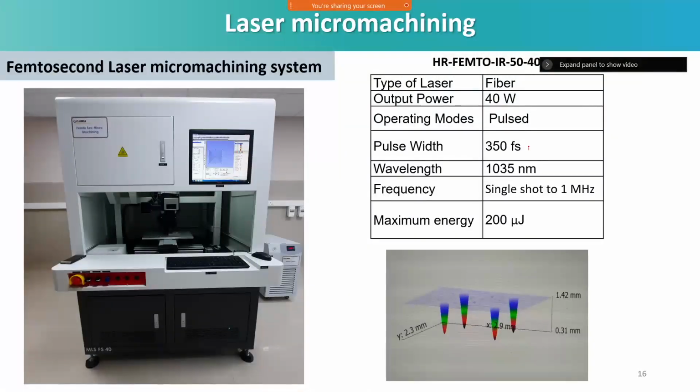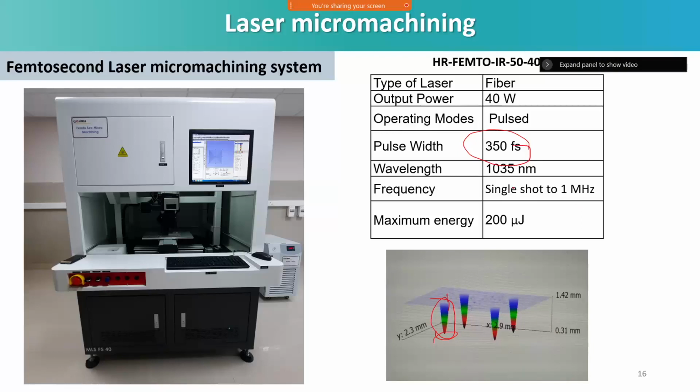This is a unique system available in the southern part of India, where you can get a 350 femtosecond laser coming out as the energy beam. And this is one of the unique processes we have done to create conical holes with an entry diameter of close to 1 mm and an exit diameter of 200 micrometer.